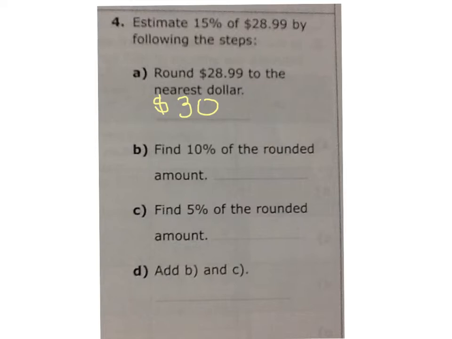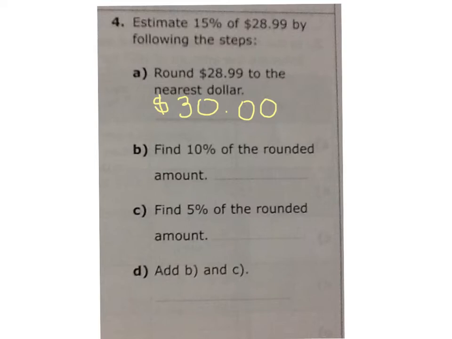So we break this 15% into 10 and 5 for a total of, that's right, 15%. So every time we calculate 10% of something, it's like we are just moving the decimal point. So think about this 30 and picture a decimal point right here. Actually, I might just write that.